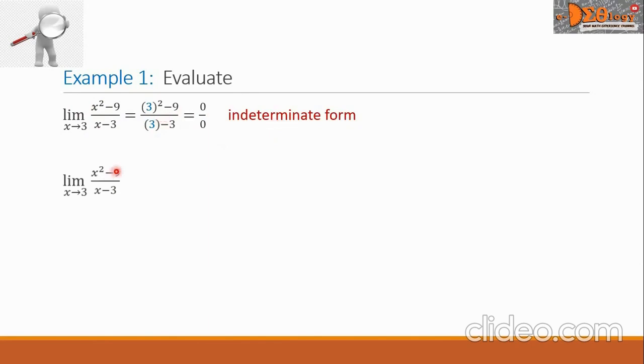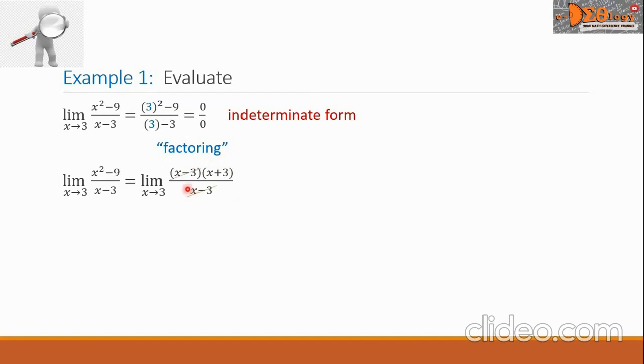Let us write again our problem here, and let us solve the fraction by factoring. The x squared minus 9 is now factored into x minus 3 times x plus 3. Observing now our fraction, there is a common factor in the numerator and in the denominator that we can cancel.